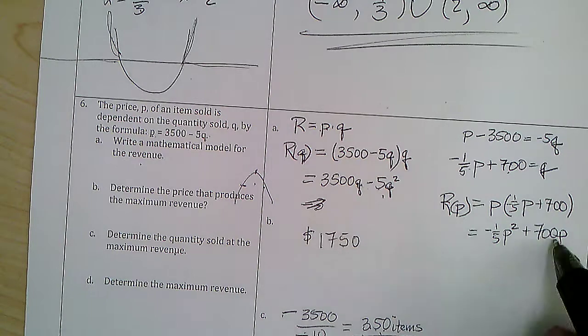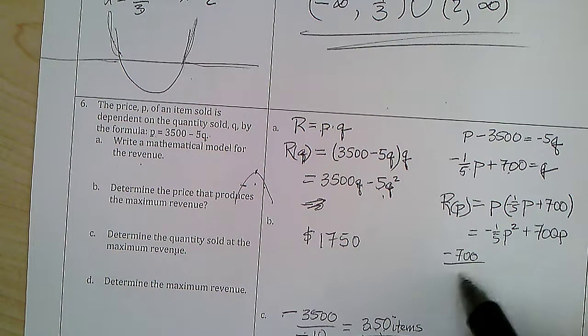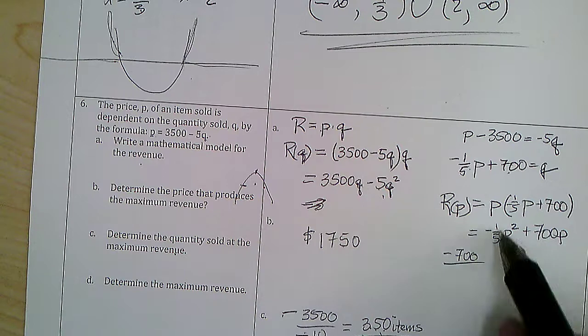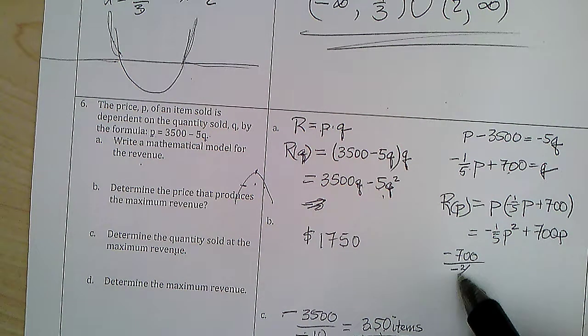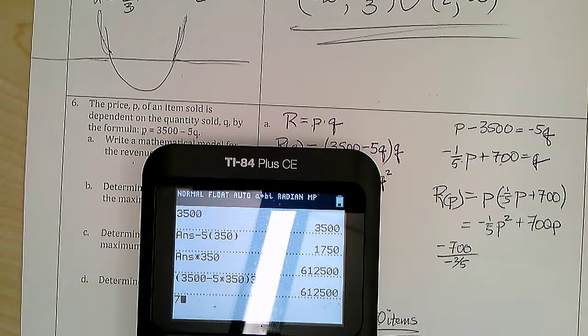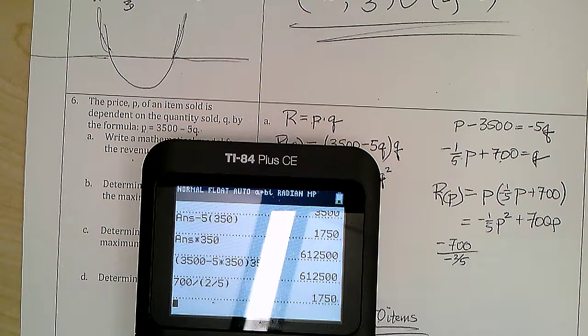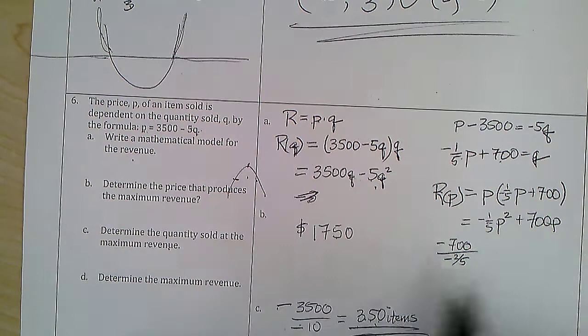So minus B would be minus 700 divided by 2 times negative 1/5 is negative 2/5. So the negatives cancel. 700 divided by quantity 2 divided by 5, close parentheses, and we get the 1750.